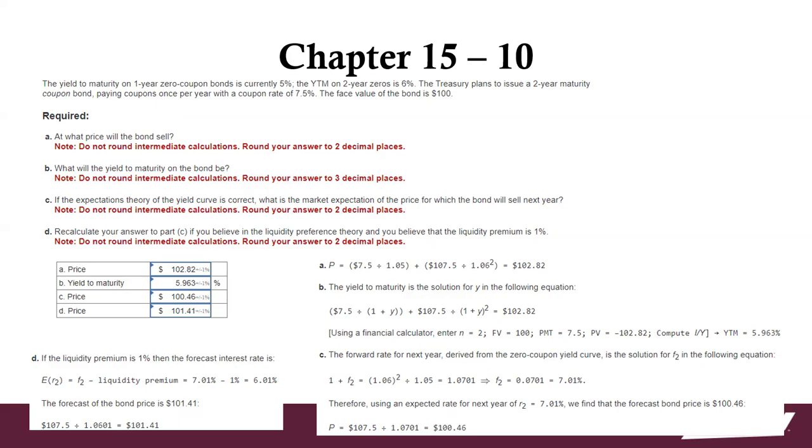It does mention a liquidity preference. This is just if, because I'm locking in my money for longer, I do not have the liquidity, right? So if I were to have that type of liquidity preference and need to add in 1%, that's what that's doing, just bumping that up to make up for that liquidity.